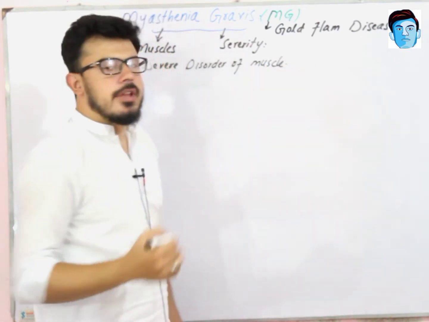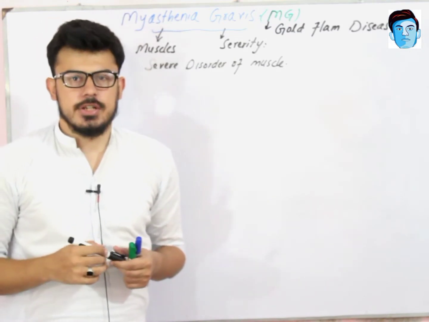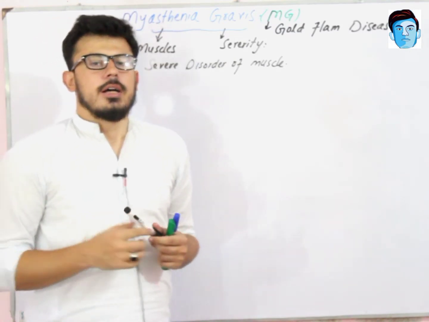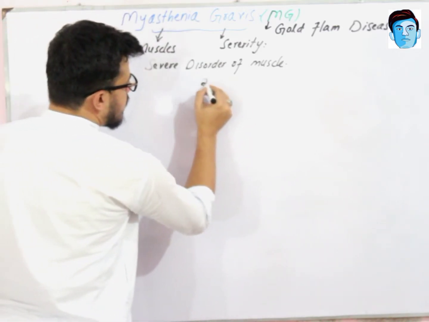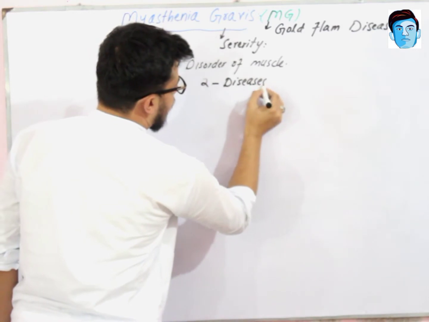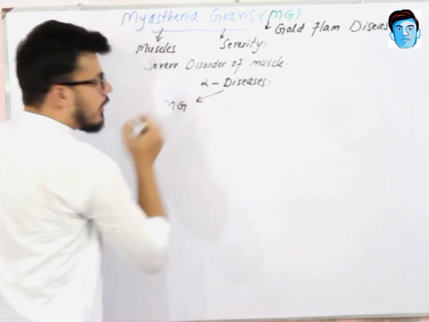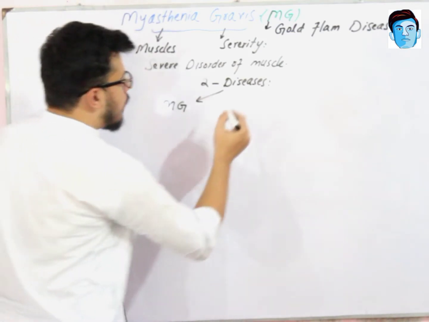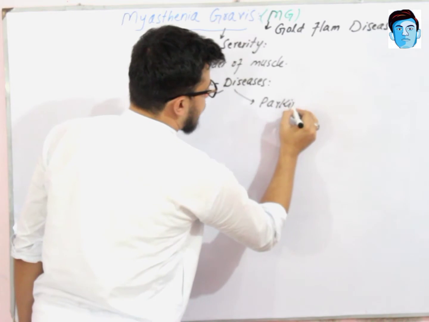Now, in the nervous system, there are two diseases in which neurotransmitter deficiency is there. So, what are those diseases? The first is Myasthenia Gravis, while the second is Parkinsonism, which is also called Parkinson disease.